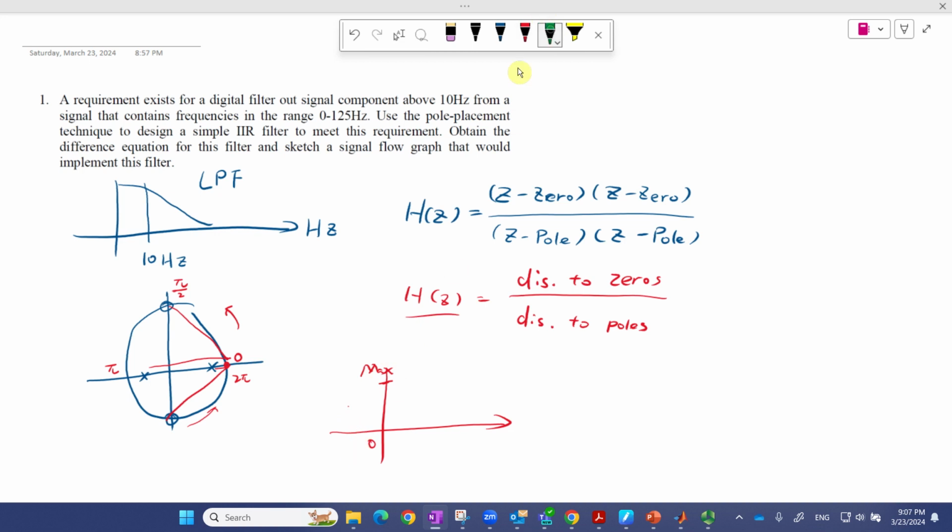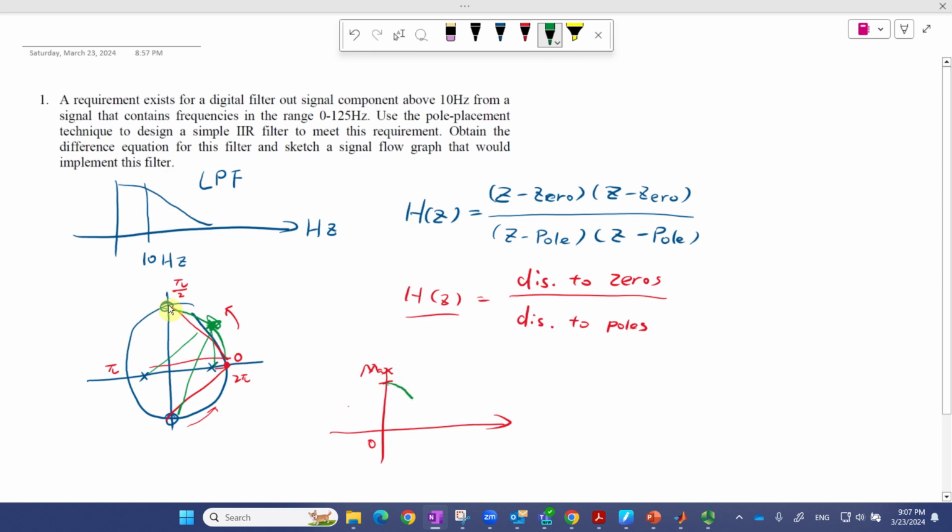You can imagine when we keep moving along here, for example we are here, the zero is here, and the pole distance is here. It's not as big as at the beginning, so it drops.